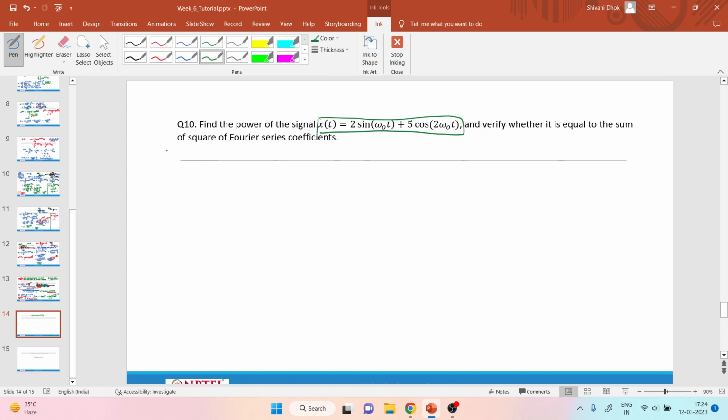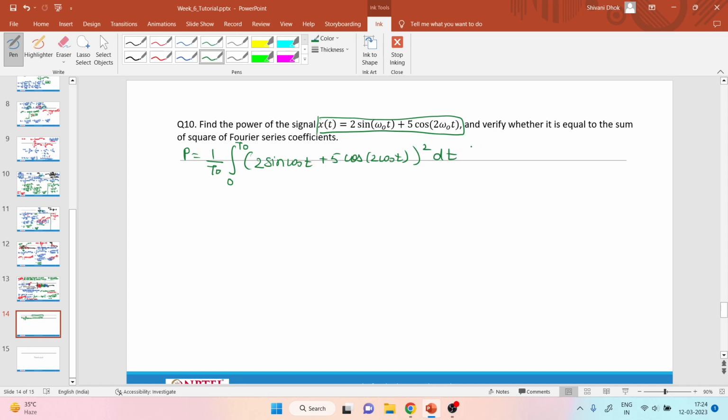So the power of a periodic signal is simply 1 by T naught times the integral from 0 to T naught of (2 sin(omega naught t) + 5 cos(2 omega naught t)) whole square dt.